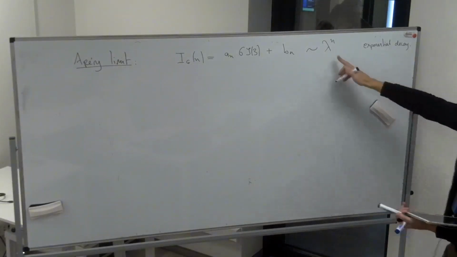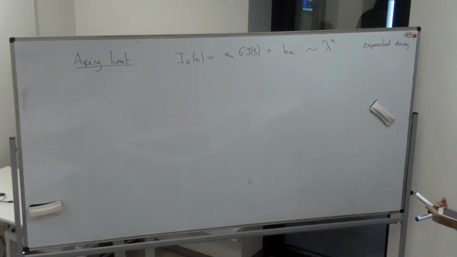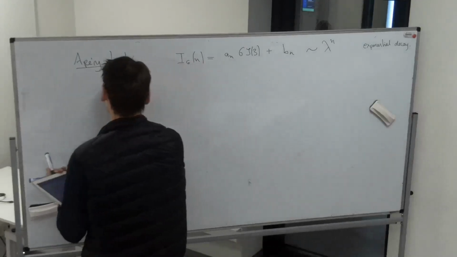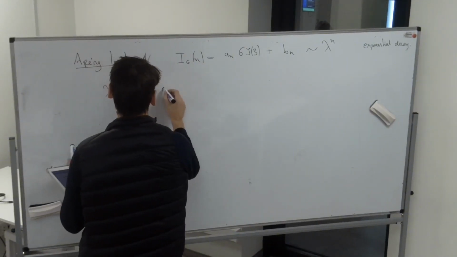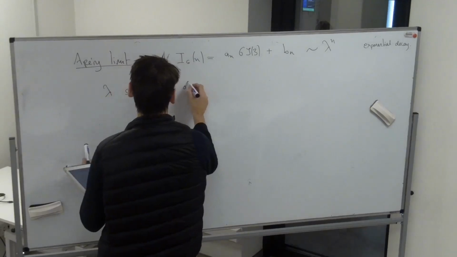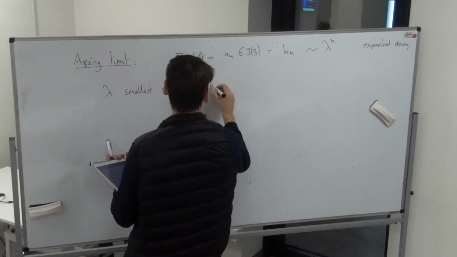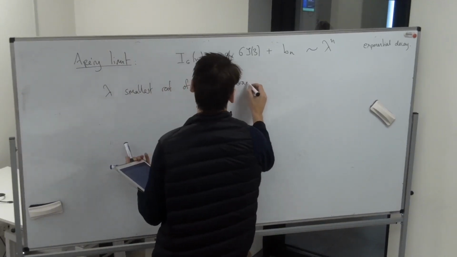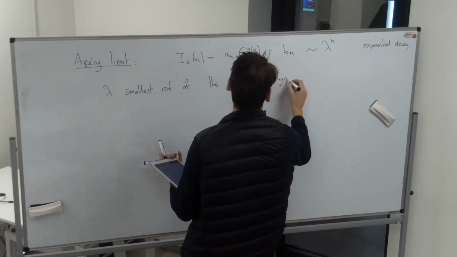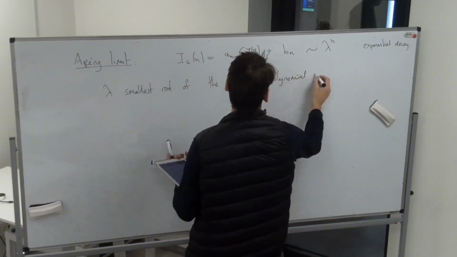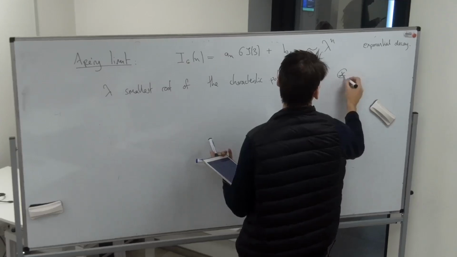So how do we compute lambda? Well, it's very easy. Lambda is the smallest root of the characteristic polynomial of star.